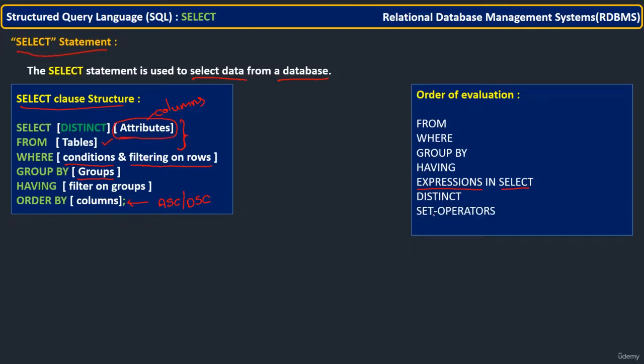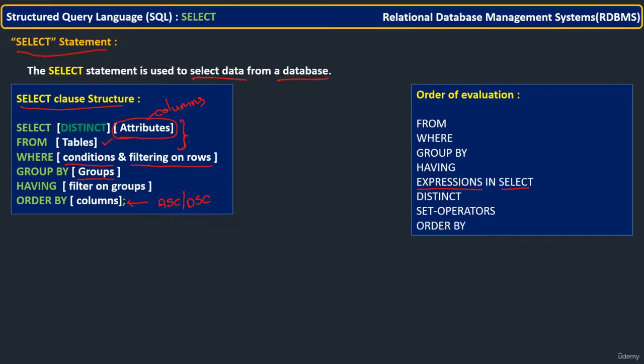And after that, if you have set operators, so set operators are like union, intersection, difference. So we have different set operators. If you have set operators, after the entire data, what you want to display, that means rows are filtered, columns are filtered, everything is filtered, the final data, whichever is there, on that you are going to apply the set operators if you have.